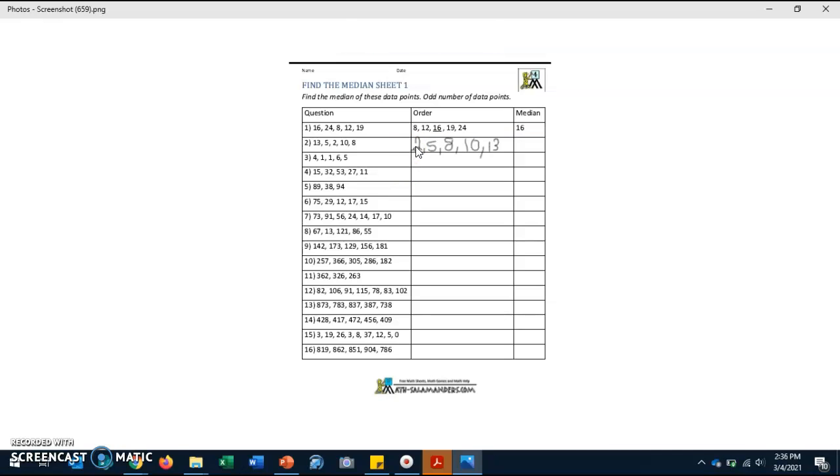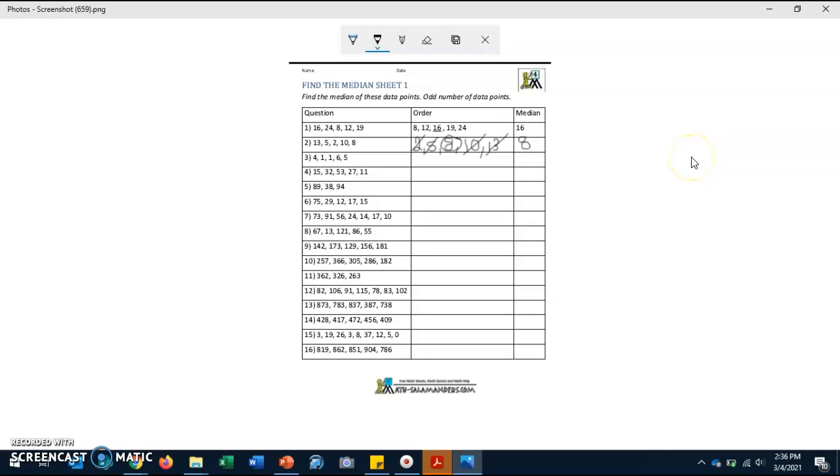So the number that is left here in the middle alone is my median. In this case, it's a number 8. So then I will put an 8 over here.